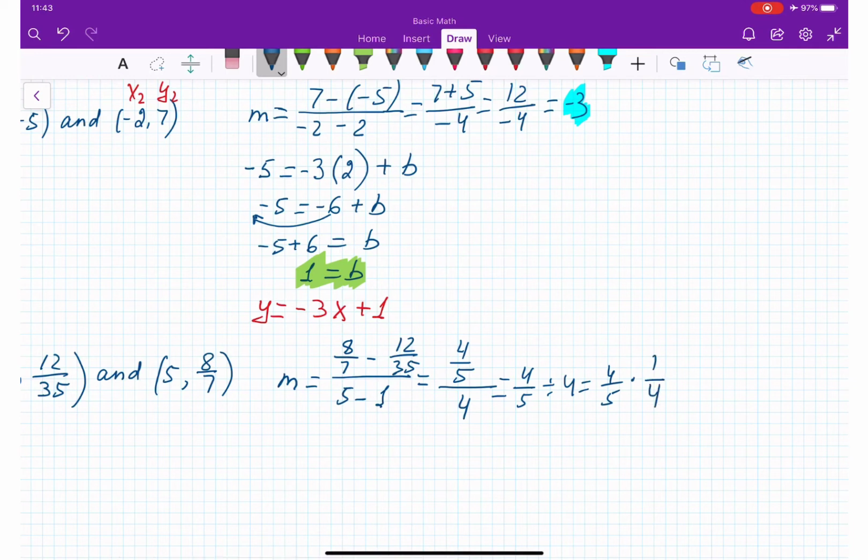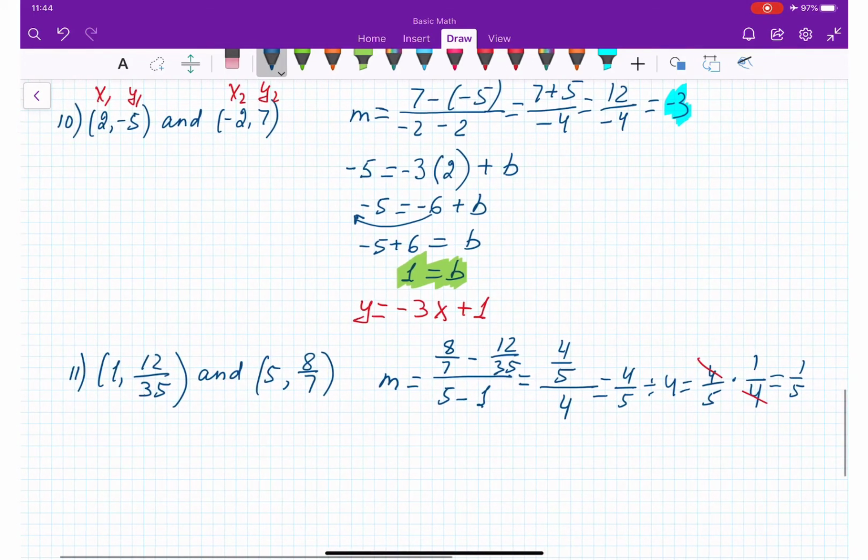I will put at the end of the video the reference to the multiplication, division, addition, and subtraction of fractions. So this is gone with this, and we are getting 1/5. We got our slope, which is 1 over 5.